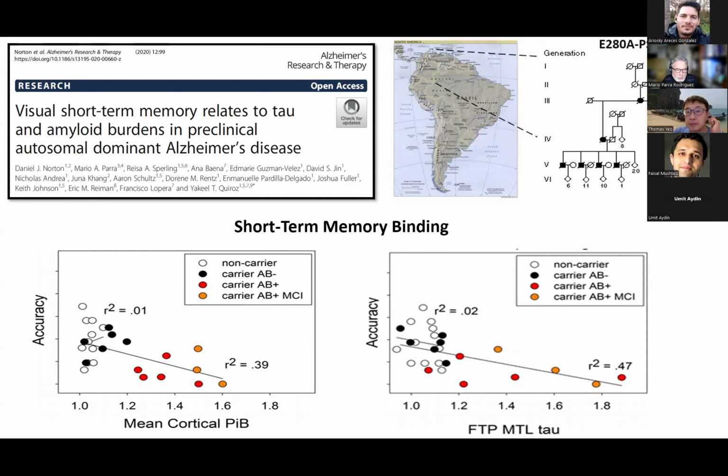And we saw a significant association between amyloid beta accumulation and these memory binding abilities prior to the association with tau pathology in carriers that were still in the asymptomatic stages.